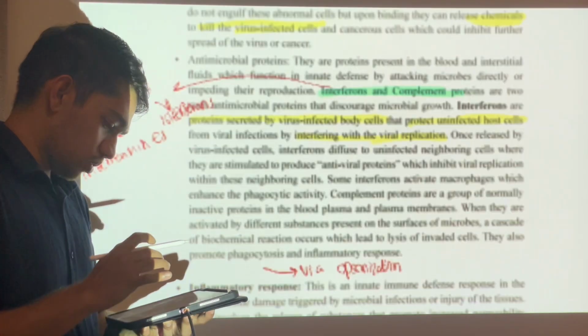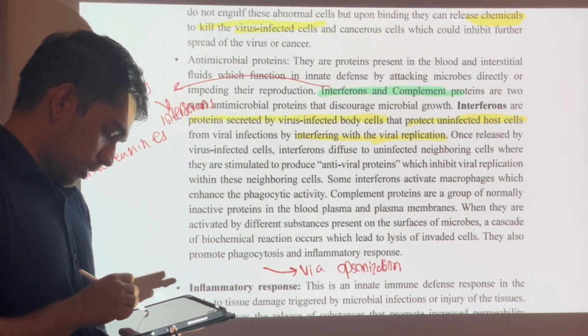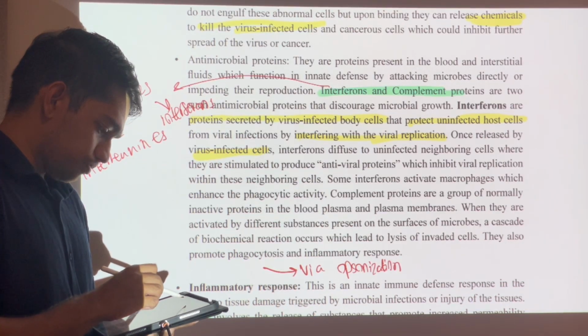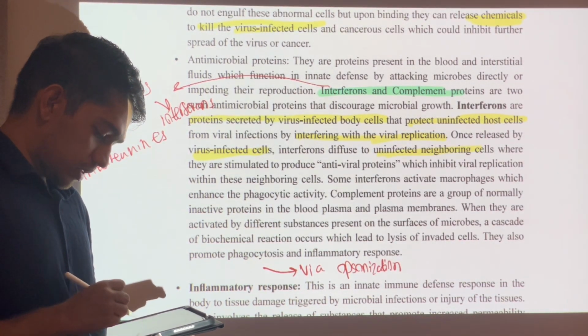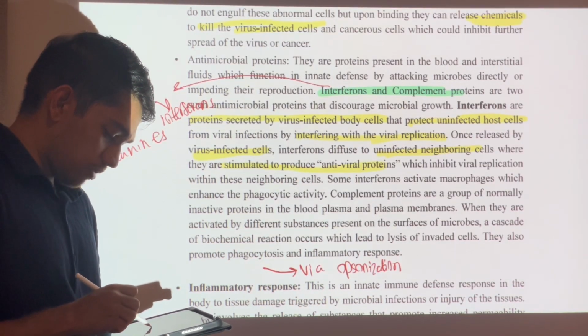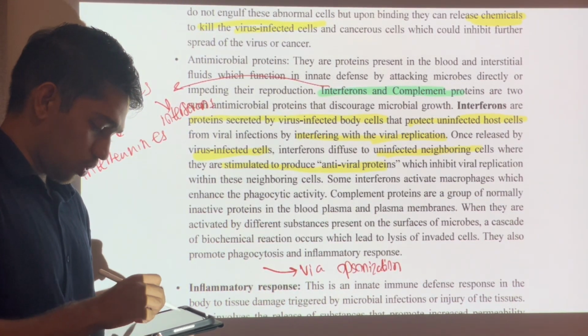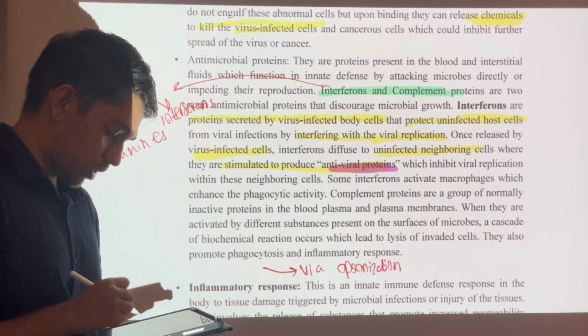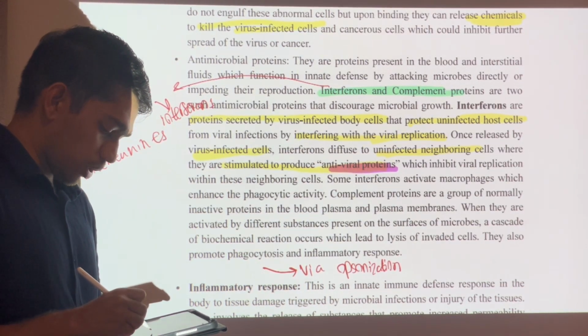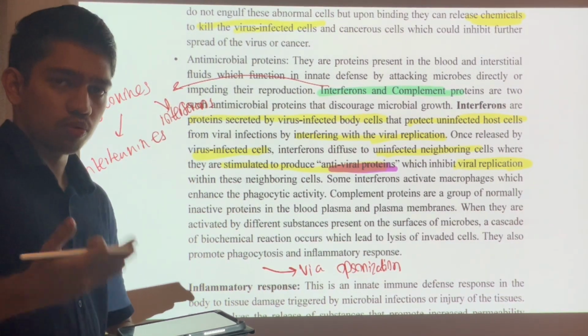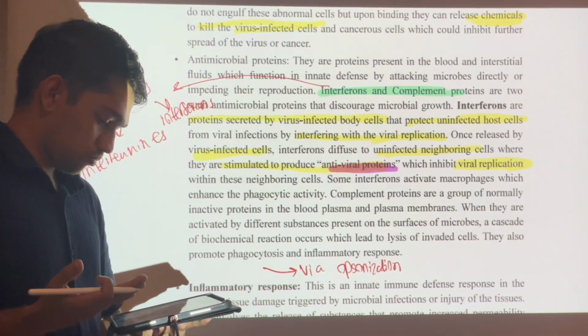So let's see the results. They are released by virus infected cells, and they diffuse to unaffected neighboring cells. They are stimulated to produce antiviral proteins. Okay, a key term you have to remember. They become antiviral proteins. So they are going to give these healthy cells some protection from viral infection by inhibiting viral replication or virus dividing.